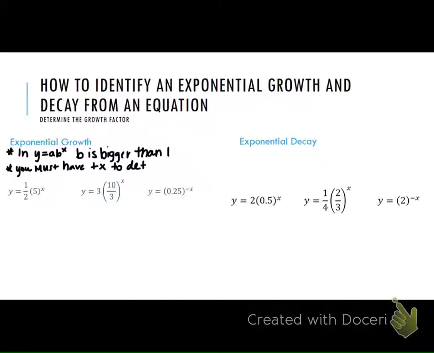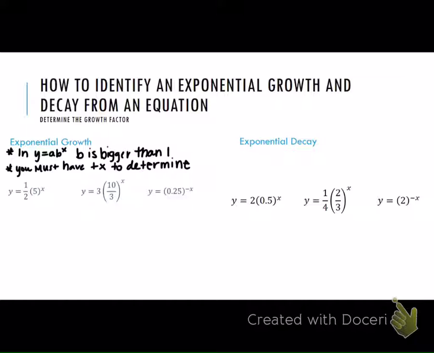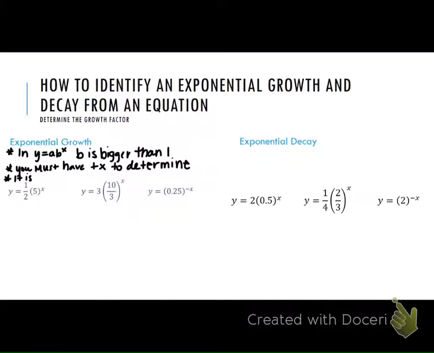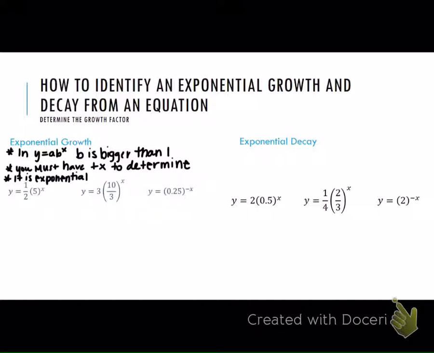So we are looking for our base number to be bigger than 1. You know it's exponential because x is the variable, or x is the exponent. Because the variable is the exponent.